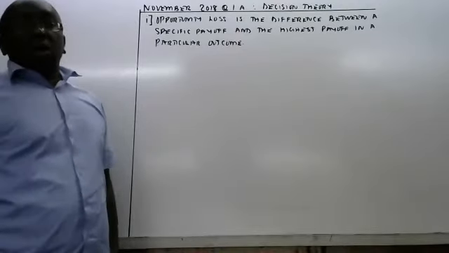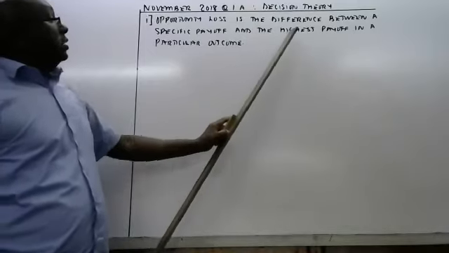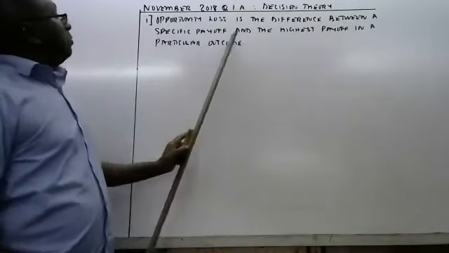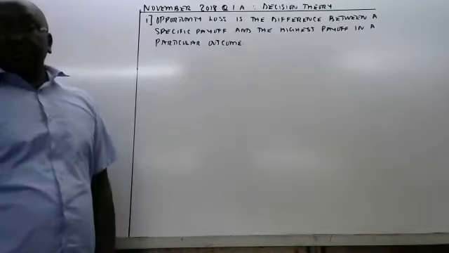That is what we call opportunity loss in decision theory. It is the difference between a specific payoff and the highest payoff in a particular outcome.